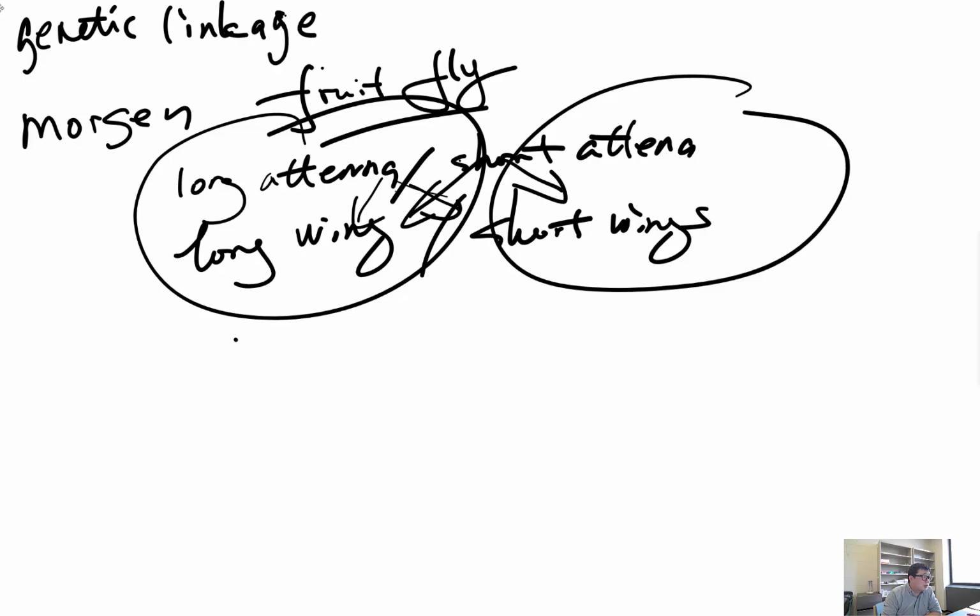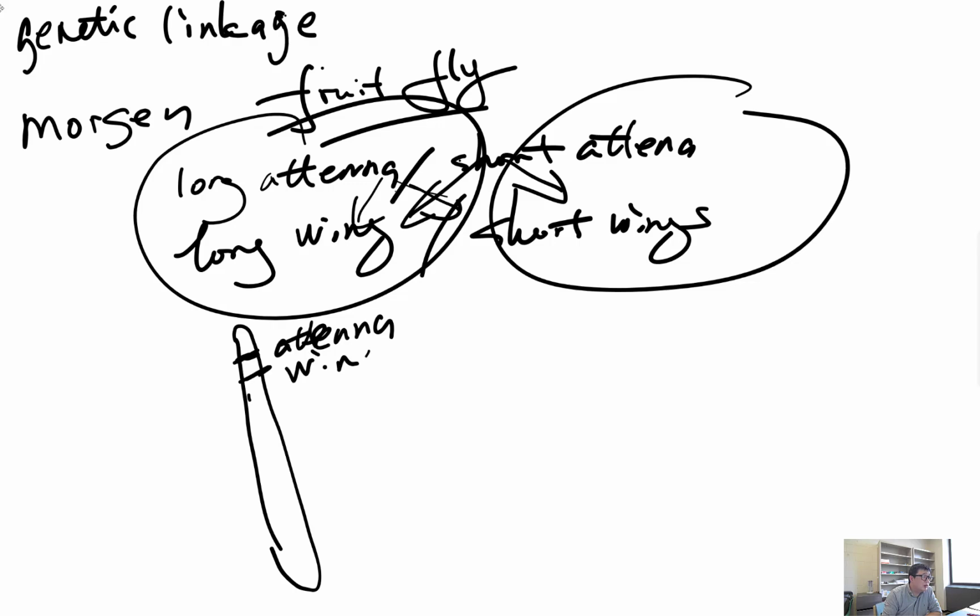What's the cause of this? That's because, as also proposed by Thomas Morgan, these two genes, this is the antenna length and this is the wing length.